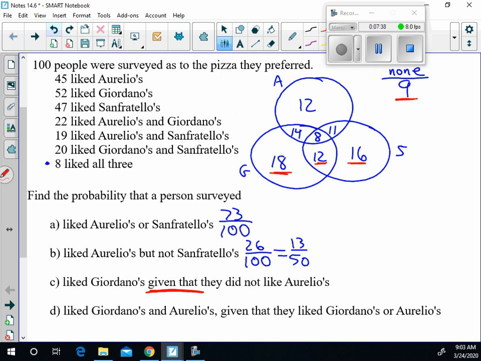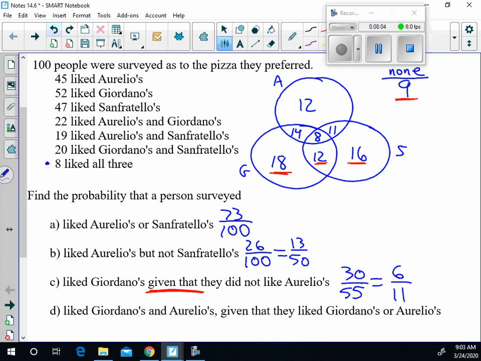So my denominator is going to change, and when I added those up, I came up with a total of 55. So let's put that out of 55. And now, like Giordano's. Well, I see an 18 and a 12 for a 30, which can be reduced down to a nice total of 6 out of 11.